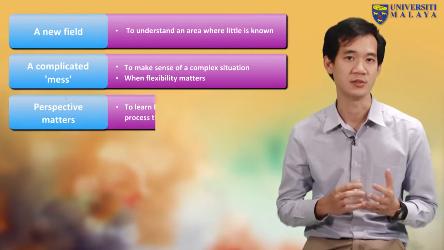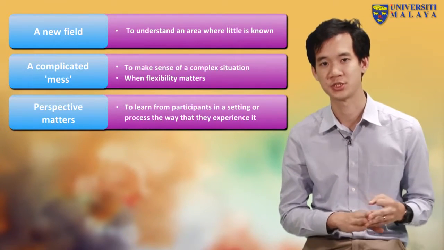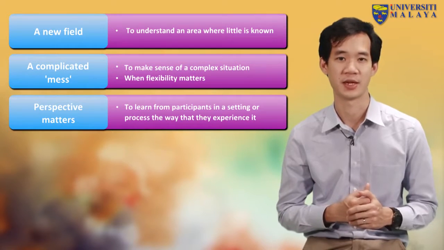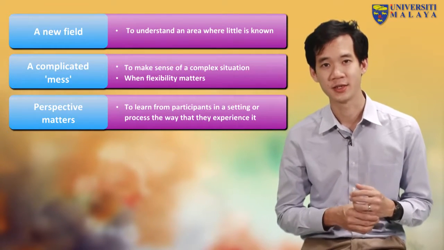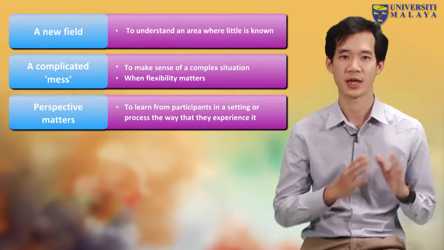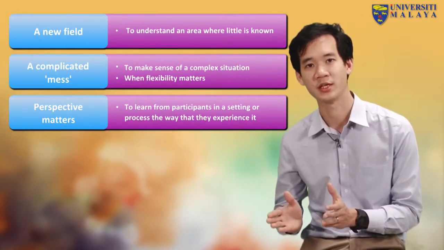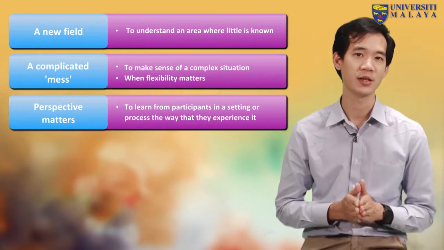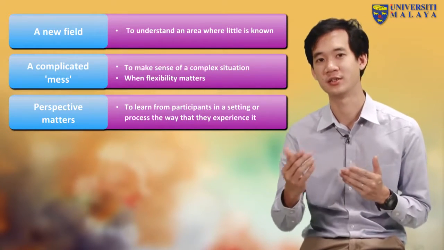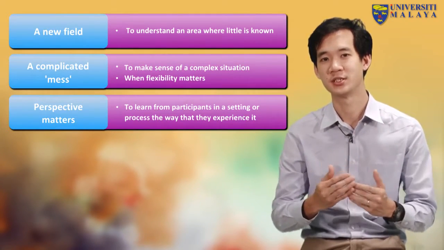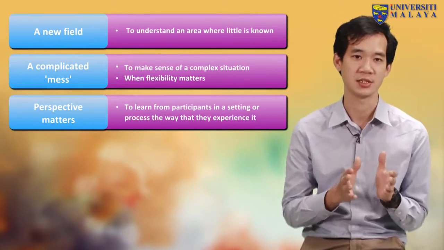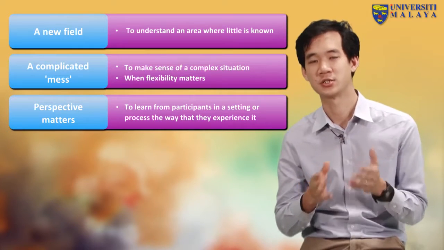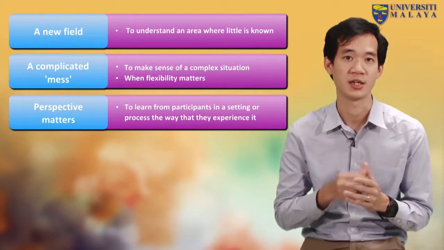The third reason for using a qualitative approach is when perspective matters. Perspective has a lot to do with understanding how and why people act or react the way they do. Qualitative research seeks to learn from these participants, from the people experiencing these things in a setting or in a process, according to how they experience it.